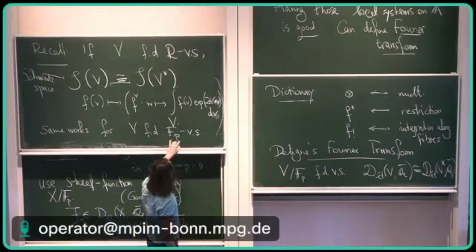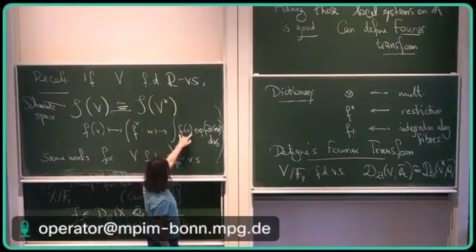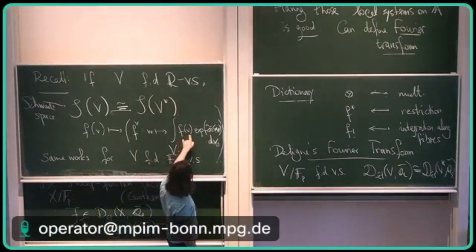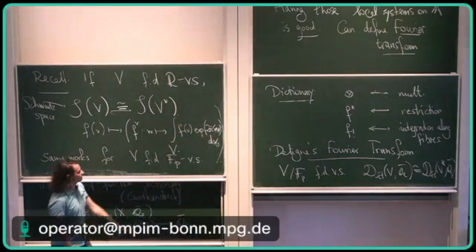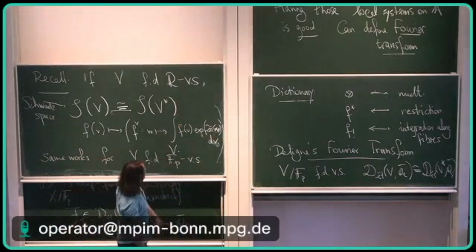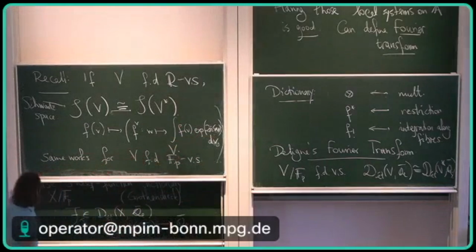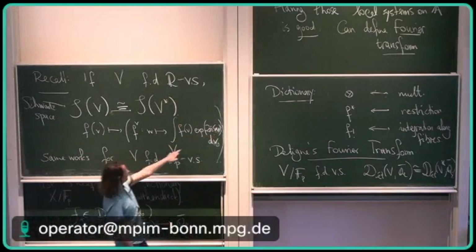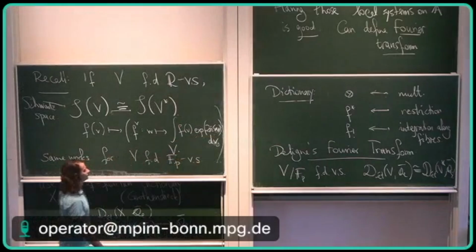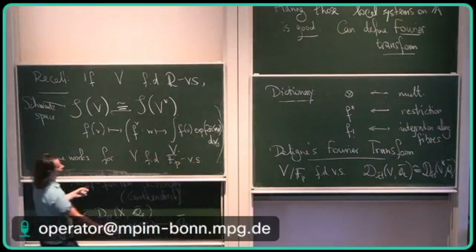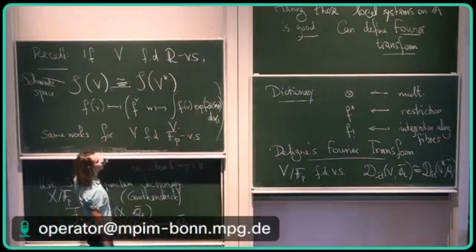So here you're restricting the function f of v to a function of v and w, then you're multiplying it by this exponential, and then you're integrating along fibers. And this tells you how you should mimic that. But one critical ingredient you need here is this exponential function. And this precisely comes from this Artin-Schreier cover. So we need this Artin-Schreier cover in order to get this exponential factor that we need in the Fourier transform.